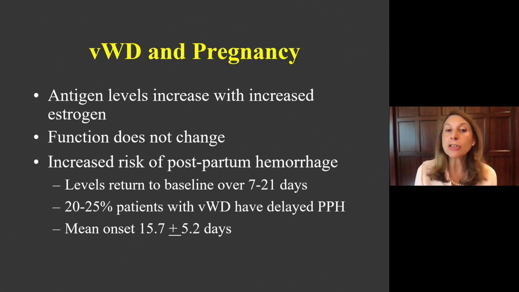So there's an increased risk of postpartum hemorrhage in patients with von Willebrand disease. Levels usually return to baseline as the estrogen drops over 7 to 21 days in the postpartum period. And that's really when patients are at risk of bleeding. 20 to 25% of patients with von Willebrand disease will have delayed postpartum hemorrhage. And the mean onset can be around 15 days or so.